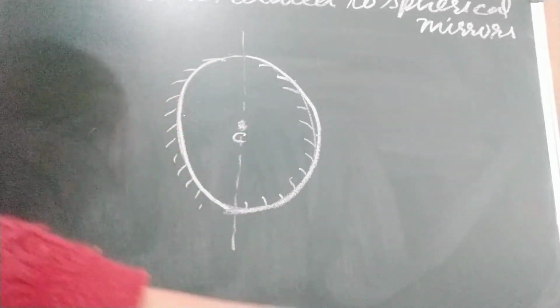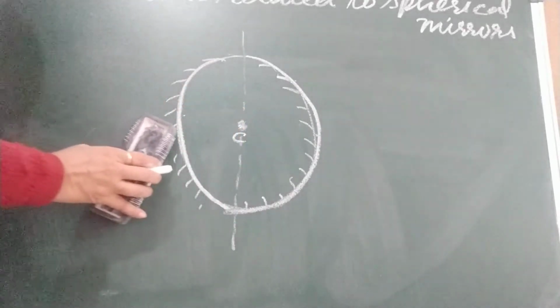Okay, now we are going to discuss the terms. First term is center of curvature. Because this is not given in the book, that is why I am telling you. The center of the sphere, just now I have shown you.